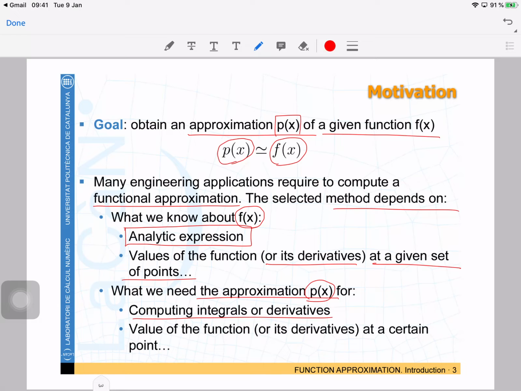Then you need an approximation for this set of data, and also the value of the function or derivatives at certain points. So for example, if we want to get the value of this function for other points that we don't know, then we approximate, and then we can obtain the value or the derivatives of the function at any point that we want.